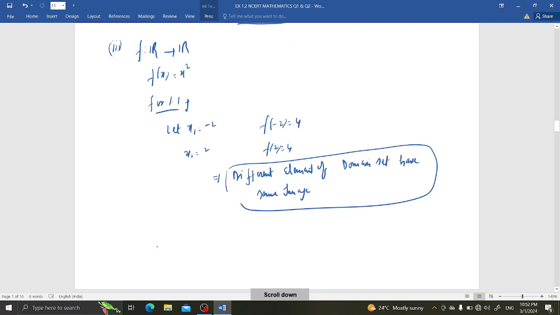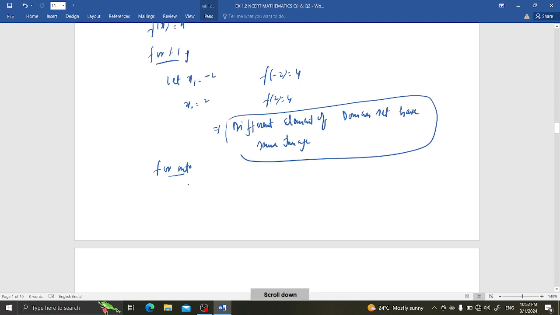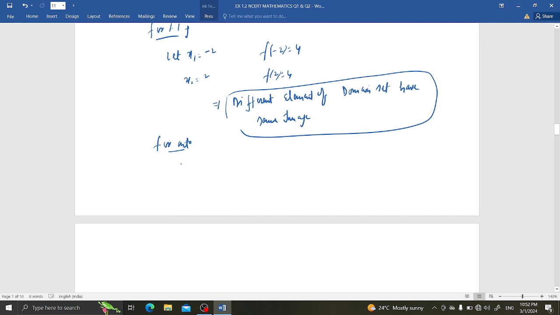Okay, similarly for onto, as the function is x square, which is greater than or equal to 0, it implies that the range of f will be the closed interval 0 to infinity.